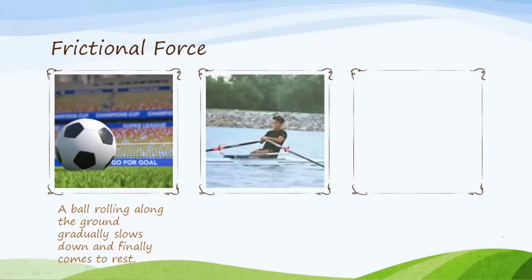Another scenario is when you're rowing a boat in still water. If you stop rowing the boat, what happens? After some time, you come to a stop. The reason is that the force of friction is acted by the water. The boat comes to rest if we stop rowing because water opposes the motion of the boat.